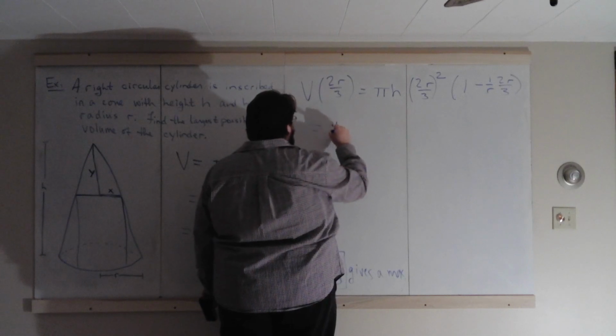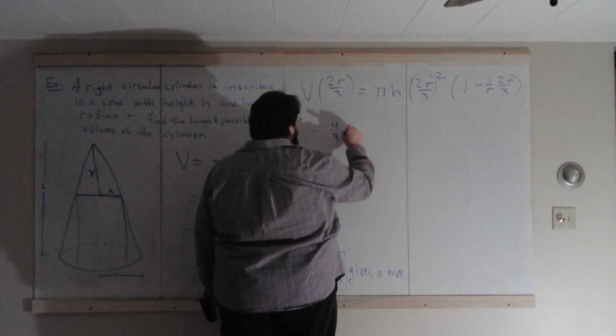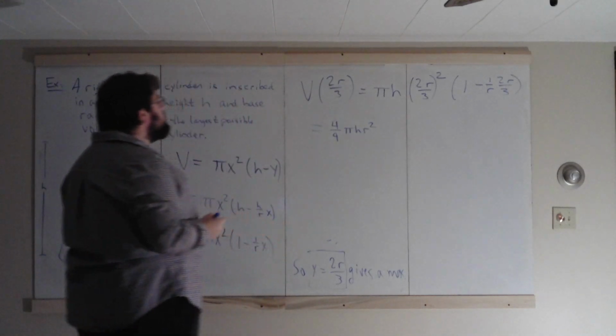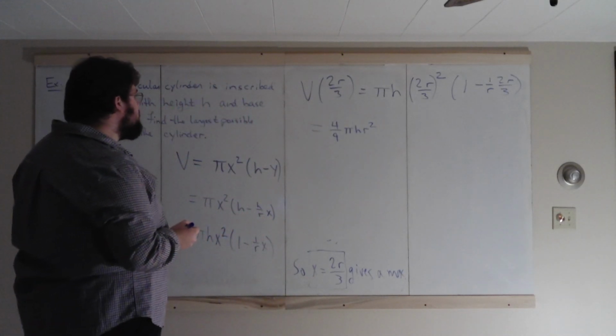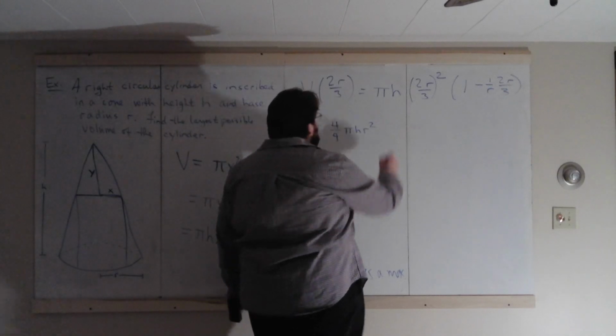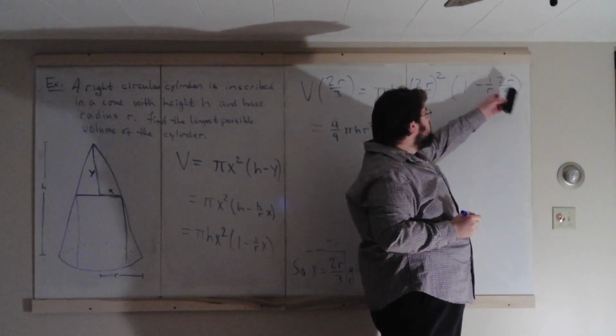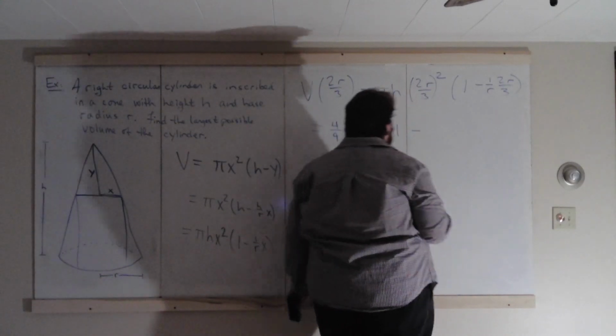So I'm going to put the 4 and the 9 out front and deal with all the letters over here. So we have 4/9 times pi times h times r squared, then times 1 minus, well, how nice, r and r cancel.